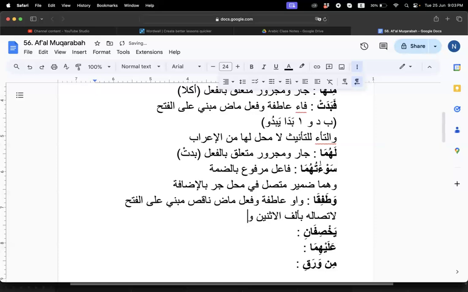Yes, and the alif itself is dameer muttasil, fi mahalli raf', and we don't say fa'il. Say what? Ism of fi'il madi naqis. Yes, exactly. Ism of Tawfiqa.